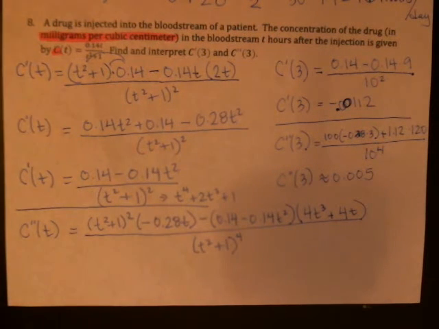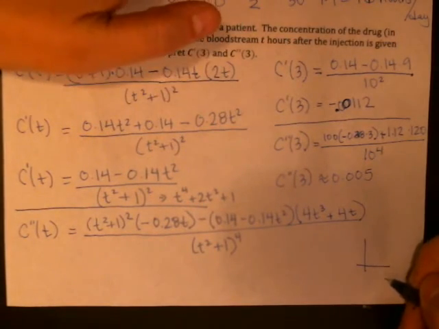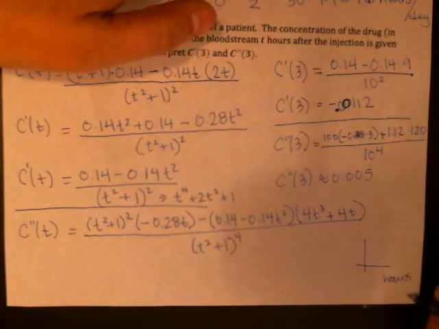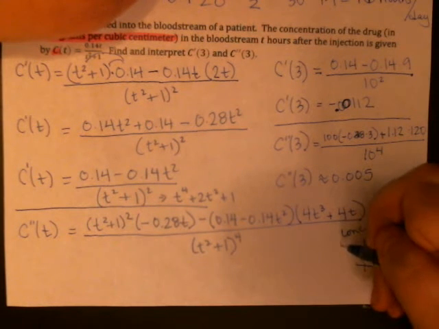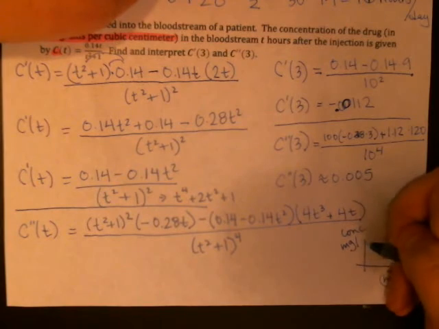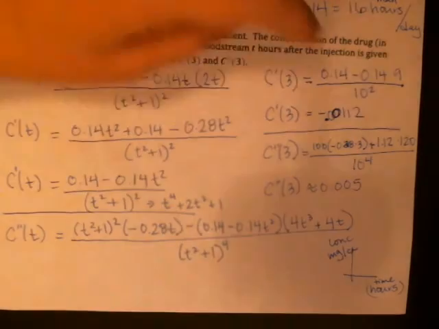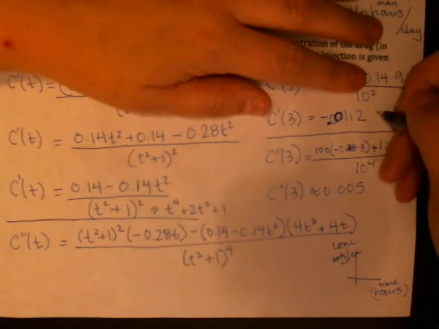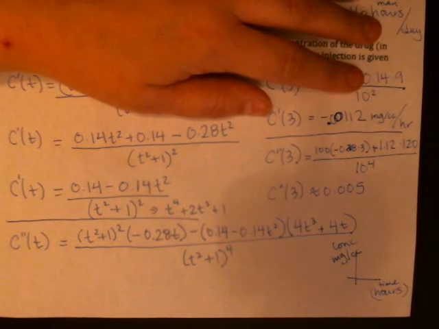So in terms of interpretation, the original function, this was time in hours since the injection. And this was the concentration of the drug in milligrams per cubic centimeter, cc. Okay. So C prime of 3 should have units milligrams per cc per hour.